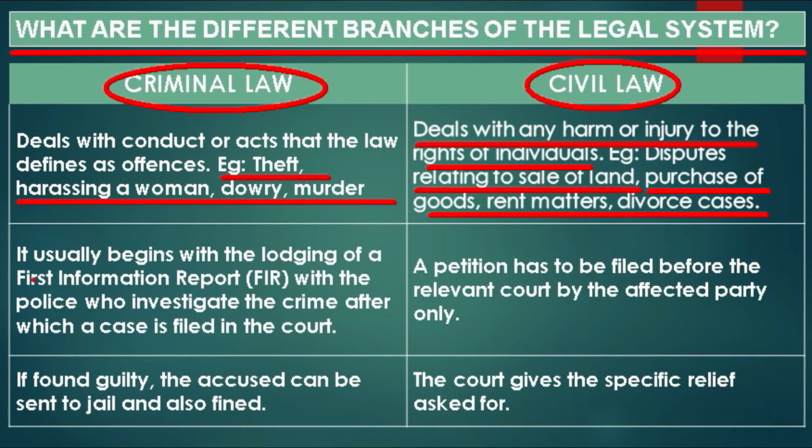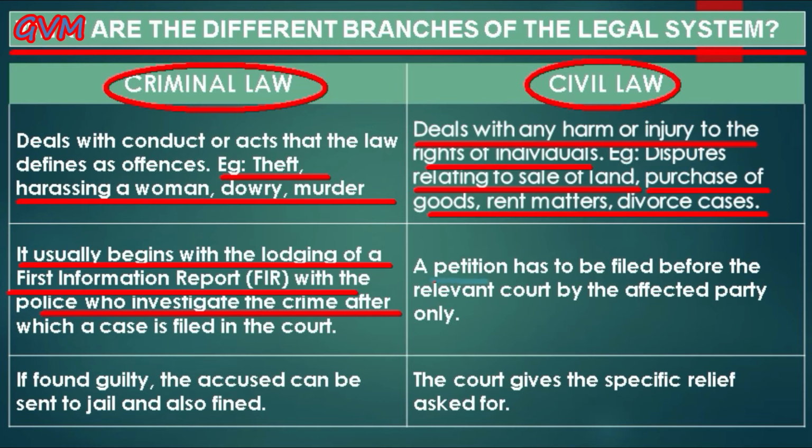And students, in criminal law, usually a person begins a case with the lodging of a First Information Report, that is to say FIR, with the police. Then the police investigate the crime, after which a case is filed in the court.